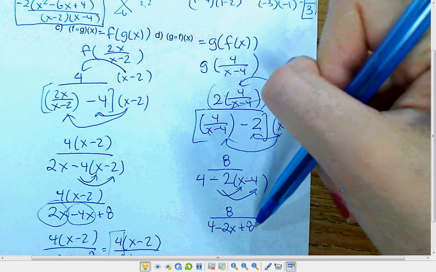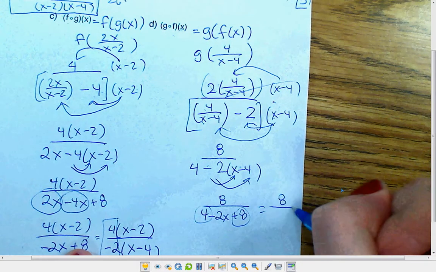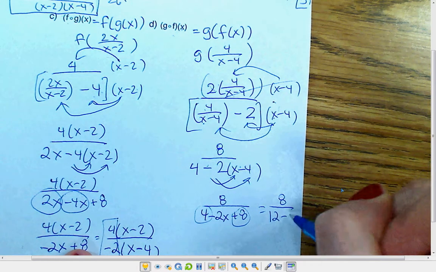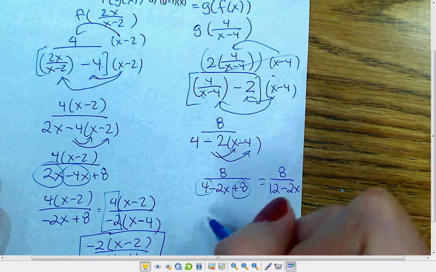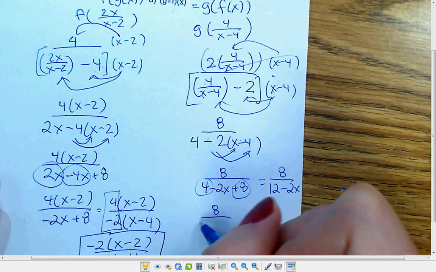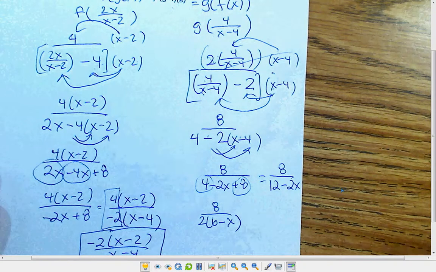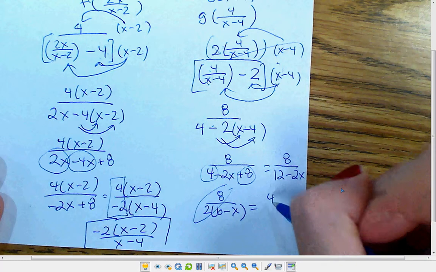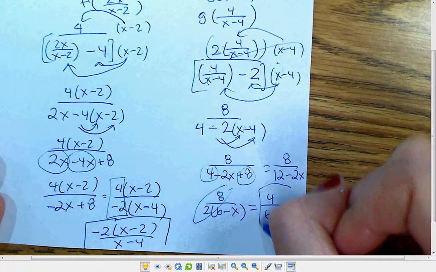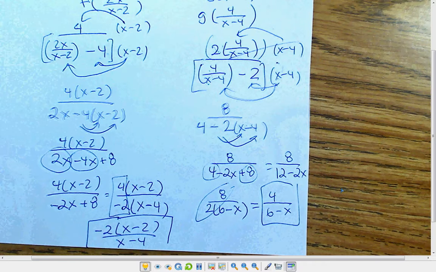Negative 2 times negative 4 is positive 8. Combine like terms. So we have 8 over 12 minus 2x. And again, we want to simplify as much as possible. So let's factor out a 2 from the bottom. So 6 minus x. And now we can simplify this 8 over 2 to just a 4. And so this leaves us with 4 divided by 6 minus x.